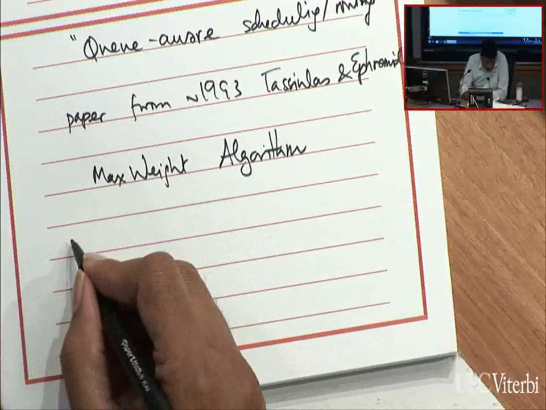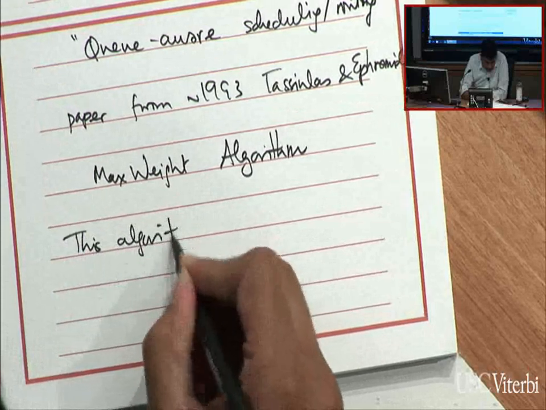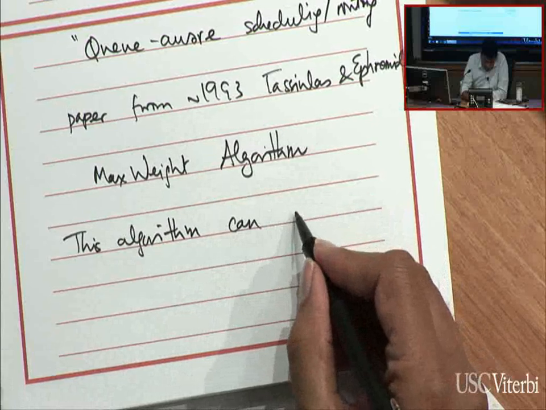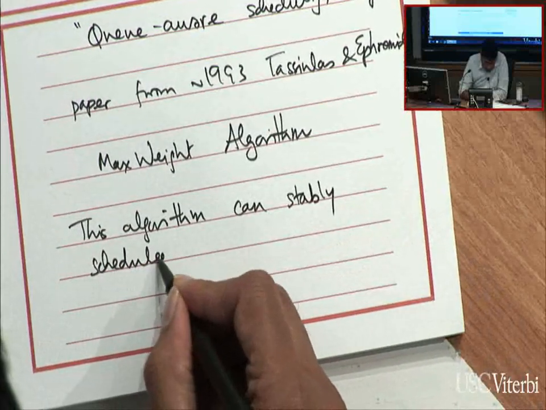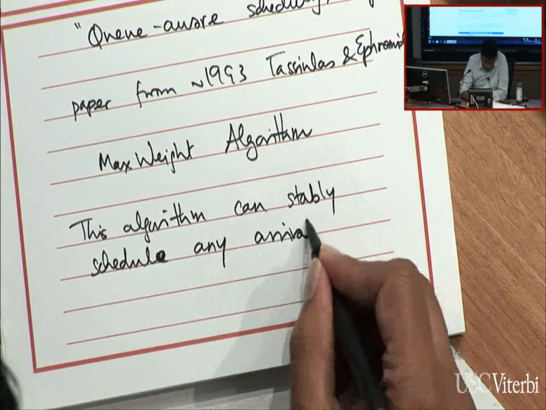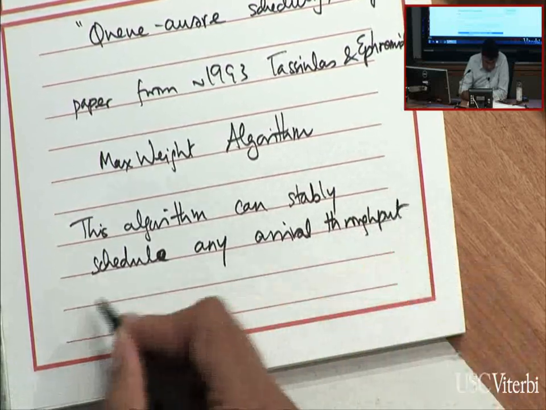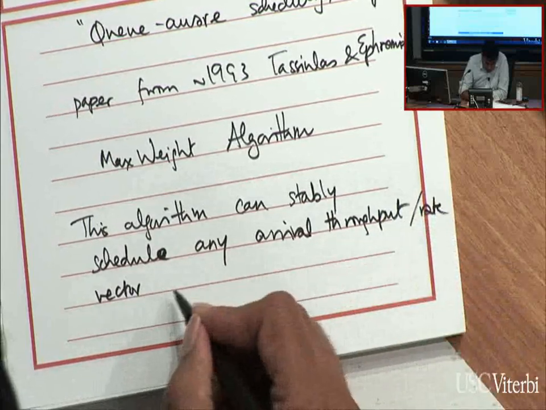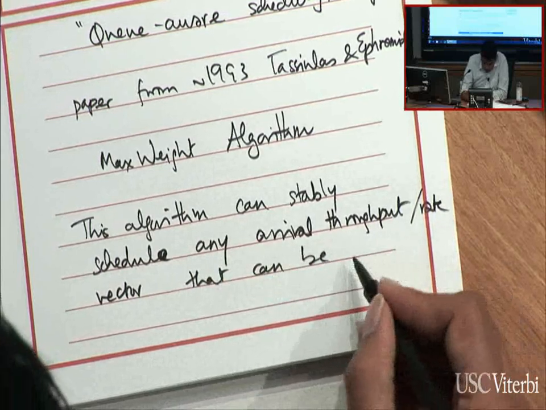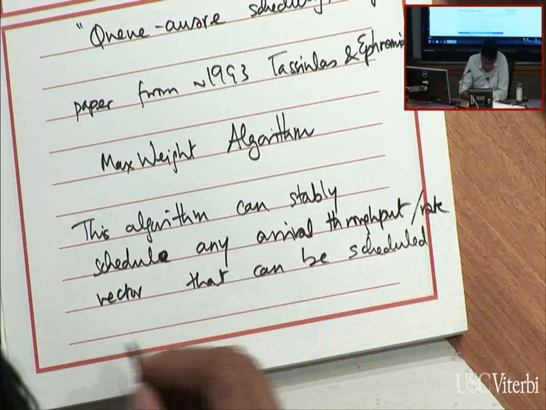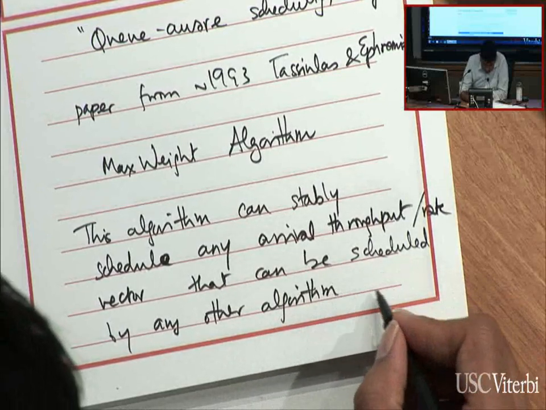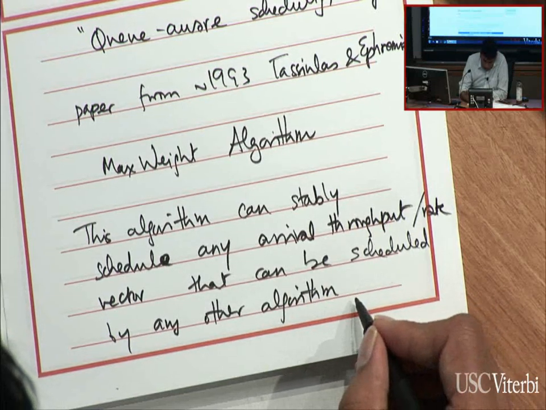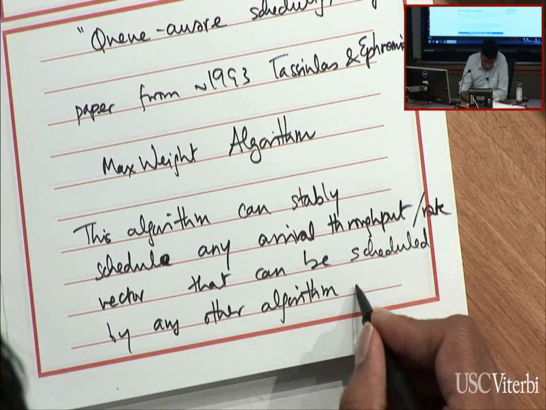And they proved a very remarkable statement about this algorithm. They showed in their paper that this algorithm can stably schedule any arrival throughput vector or rate vector that can be scheduled by any other algorithm, let's say in a stable manner.